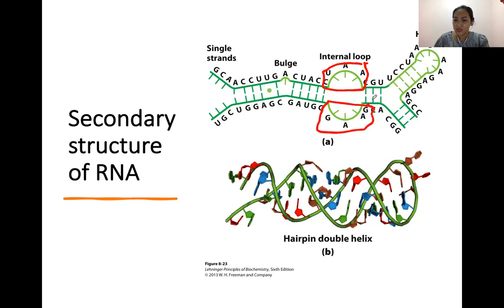So there's no base pairing here, but there is this portion right here, which can be utilized in the complementary base pairing of different strands of the RNA. So these are also possible with RNA.